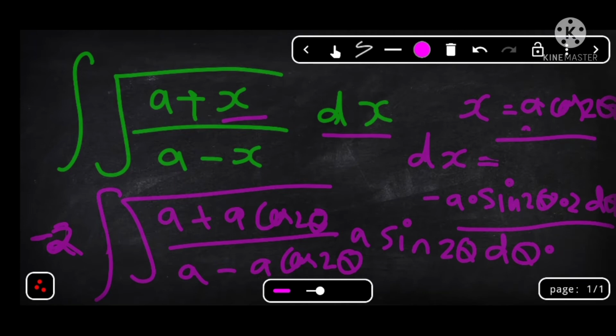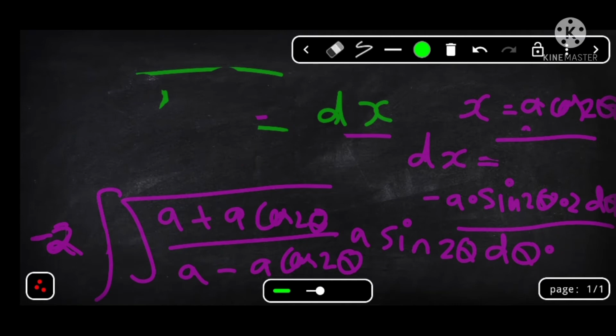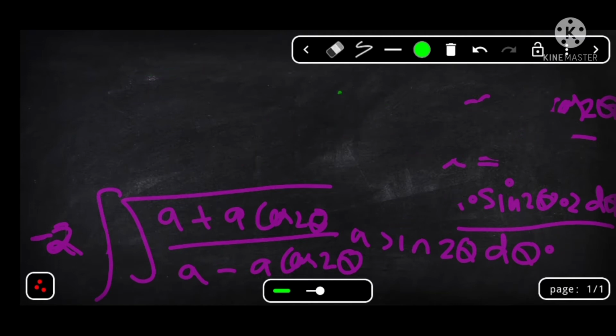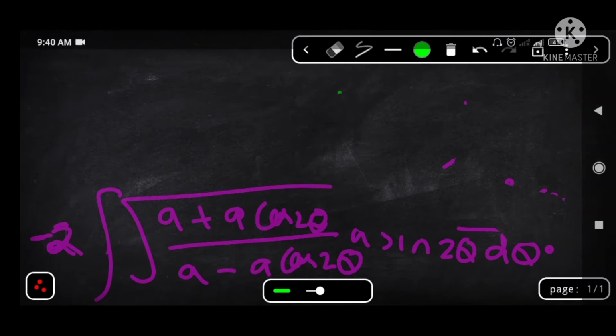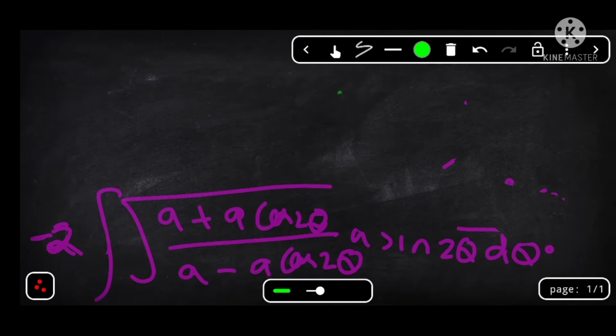Okay, now take a outside. From all of them we can take a outside, right? So we are taking a outside: minus 2 integral a.